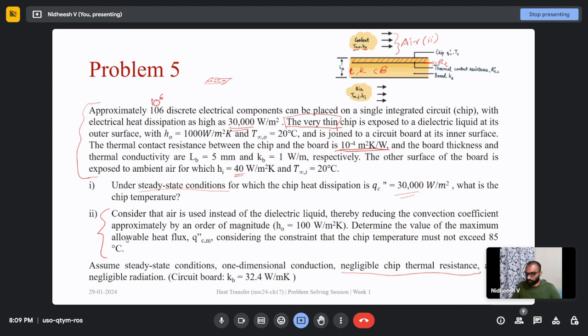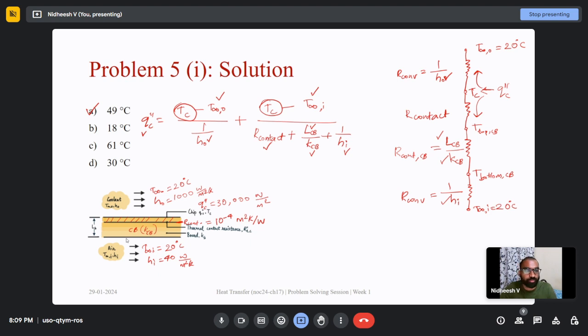Sir, in the previous equation, instead of Tc, we need to put the value as 85 degrees Celsius. And then 1 by 40 already we put it. In that case, 1 by the new value 100, I think so. And in the previous slide, I am having one doubt, sir.